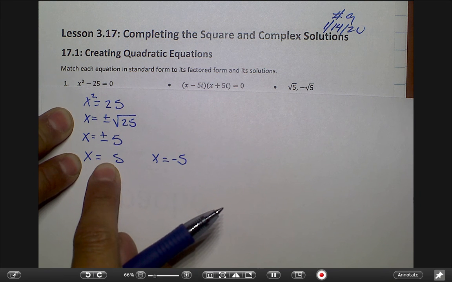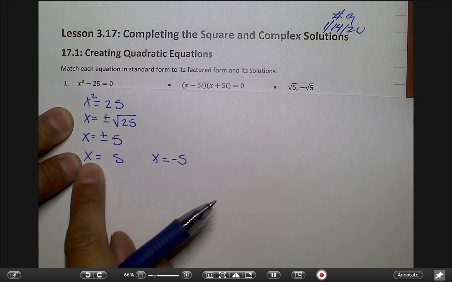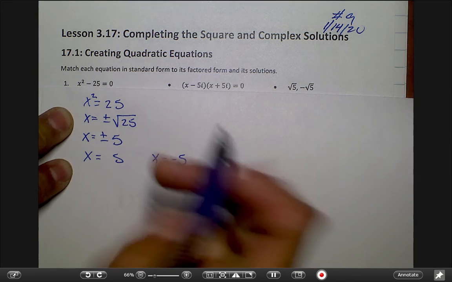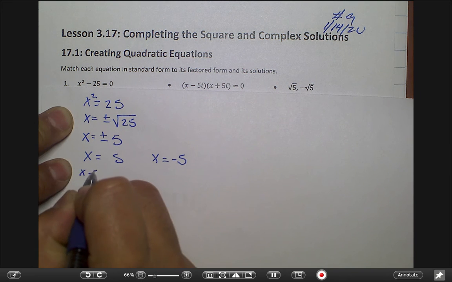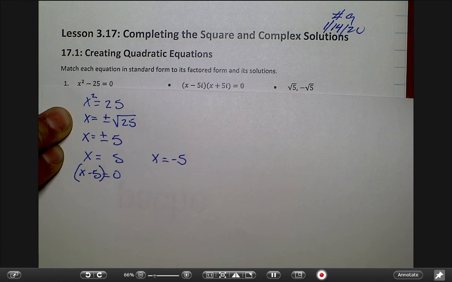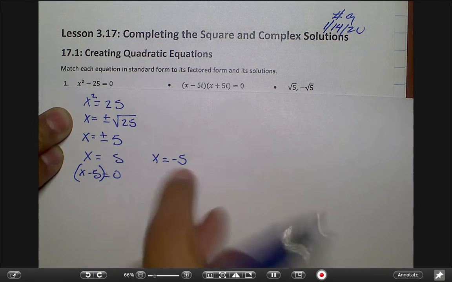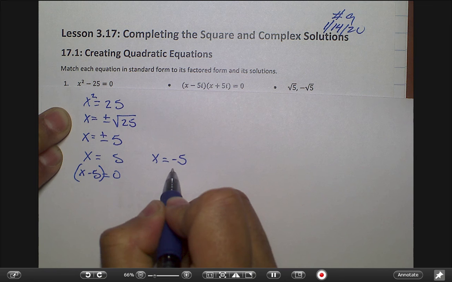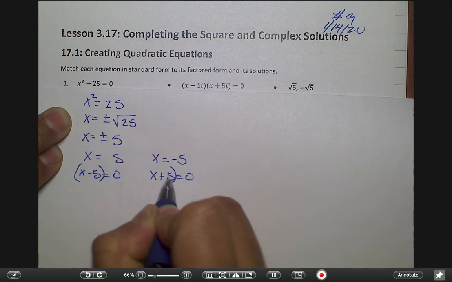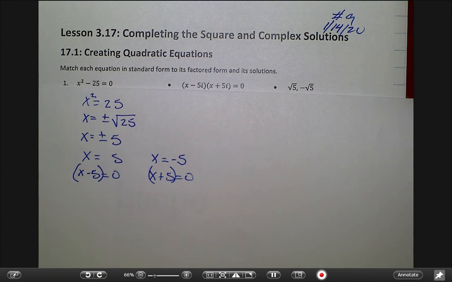So for this case, I'm going to set it to 0 by subtracting 5. So x minus 5 equals 0. And this other one, I'm going to add 5, so x plus 5 equals 0. Now I made 2 factors from that.